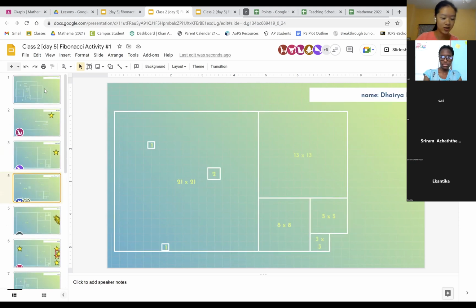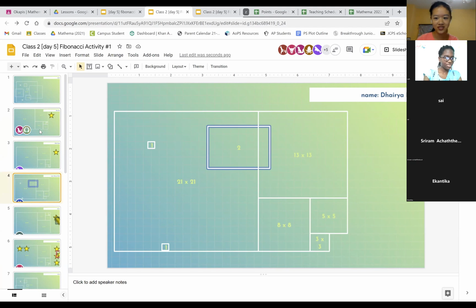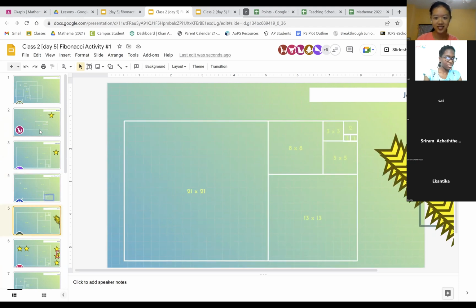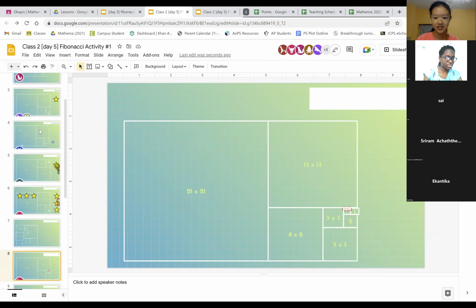I know some people were having trouble with accidentally changing the sizes of the squares. That's close enough.